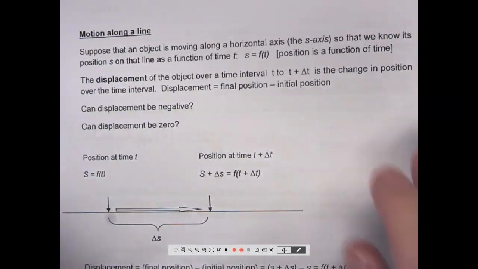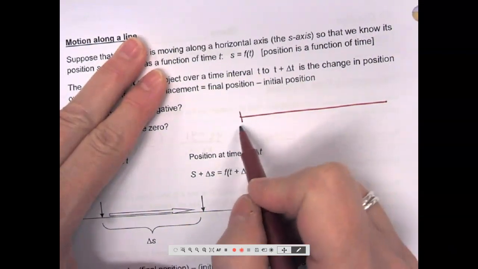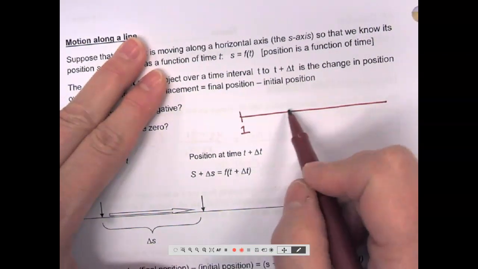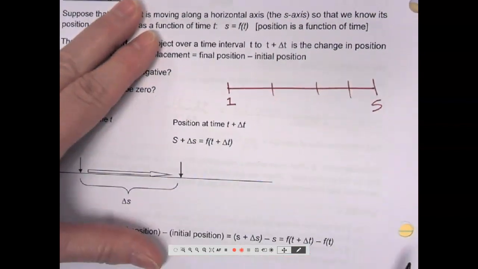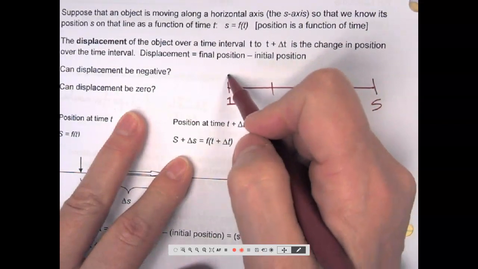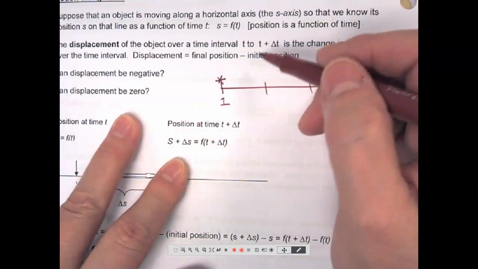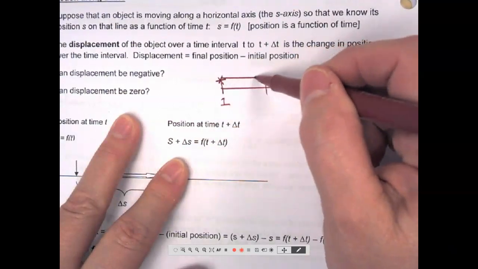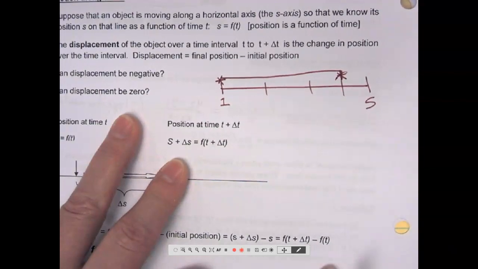Okay, so think about a number line. Let's say that I start at 1, and then I move to the right and end up here at 4.